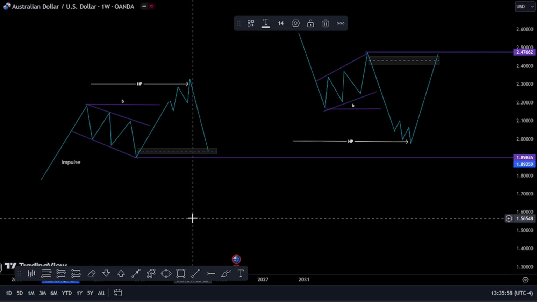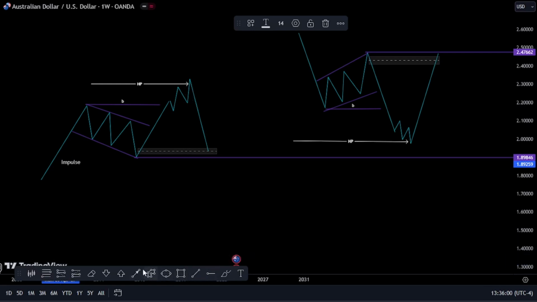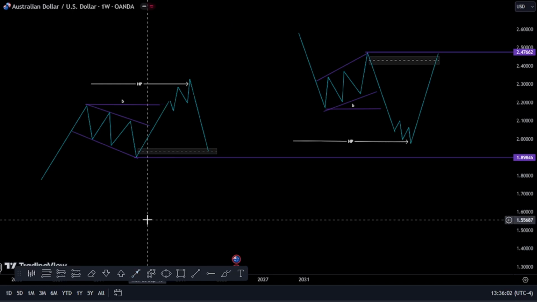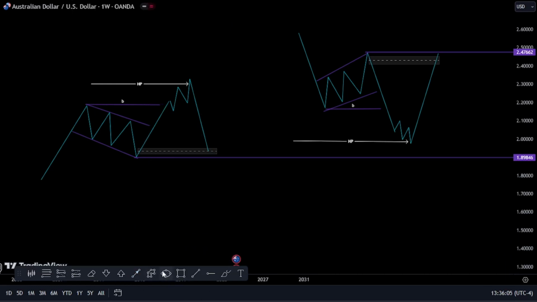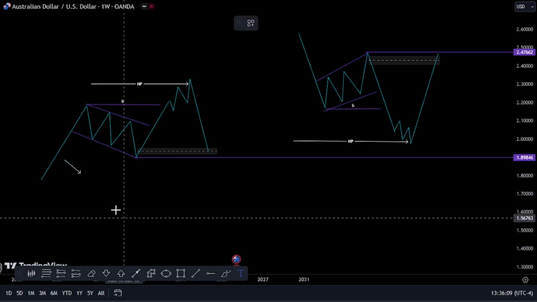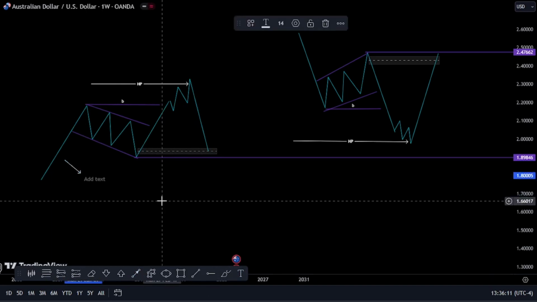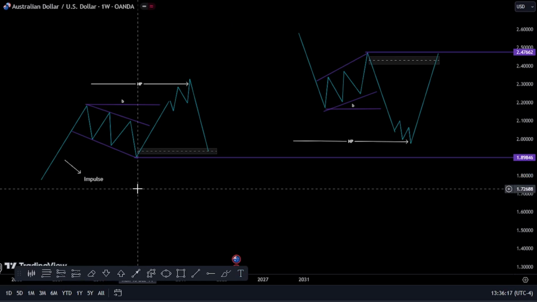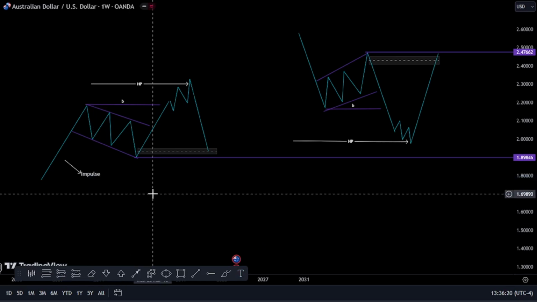What I do is I trade impulse, correction, impulse every time. Everything that I do, you'll see impulse, correction, impulse.